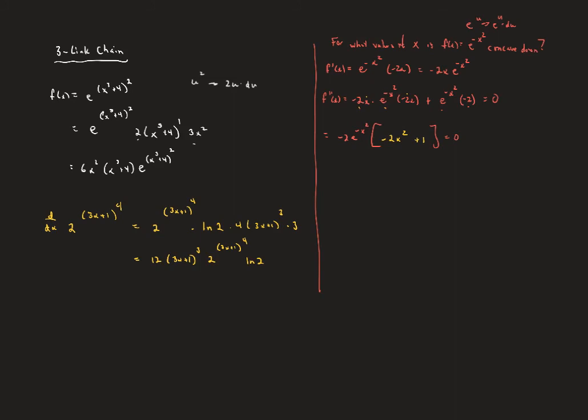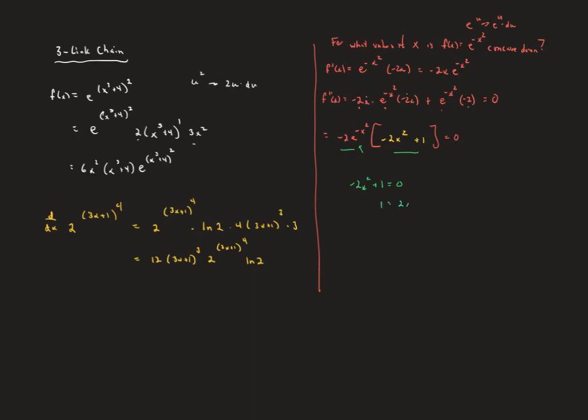Now this looks daunting, but we can actually do this. What we see happening here is we have two things that are multiplying to be 0. So one of those must be 0. Well, an exponential is always positive, and so this will never be 0, so we can ignore that entirely and now just focus our attention on what makes negative 2x squared plus 1 equal to 0.